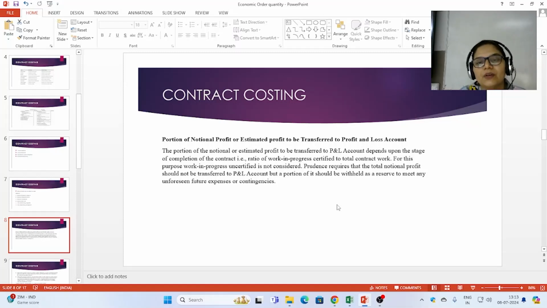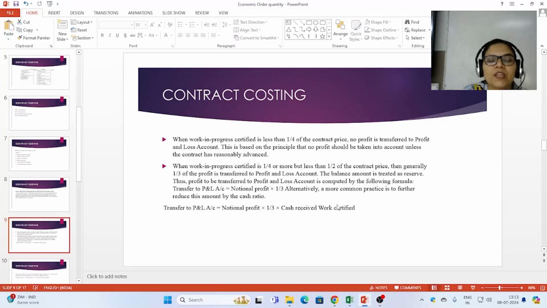Whatever work is certified is considered, and work that is not certified is not considered for transfer to the P&L account. Prudence requires that the total notional profit should not be transferred to the P&L account, but a portion of it should be withheld as a reserve to meet any unforeseen future expenses or contingencies. When work in progress certified is less than 1/4 of the contract price, no profit is transferred to the P&L account.